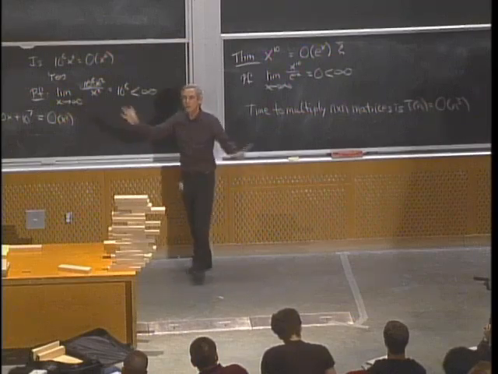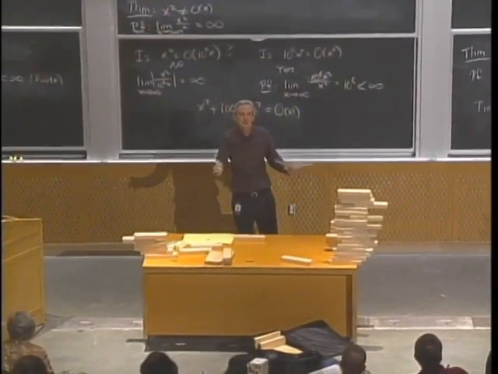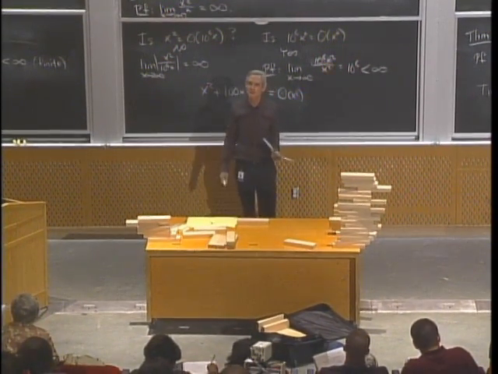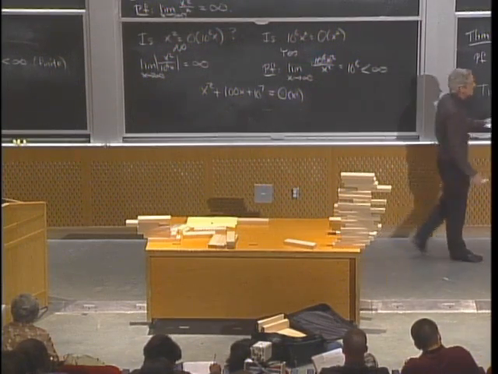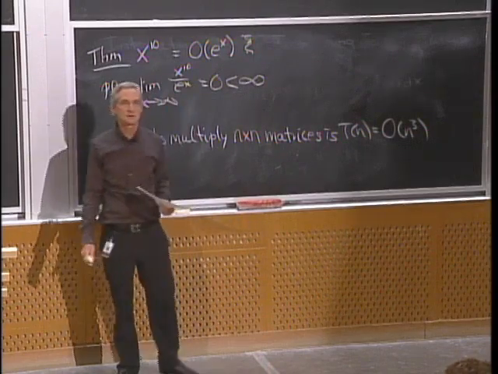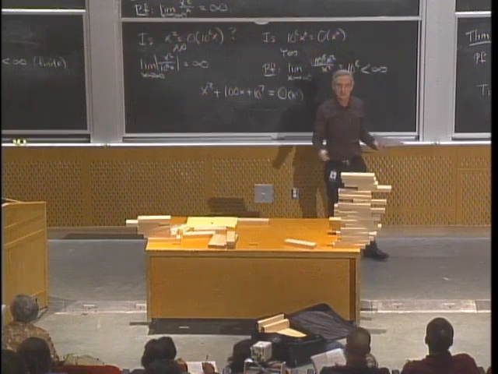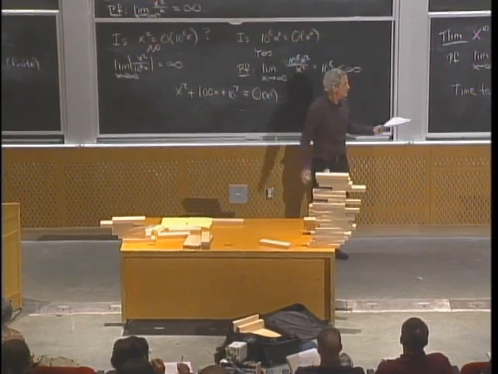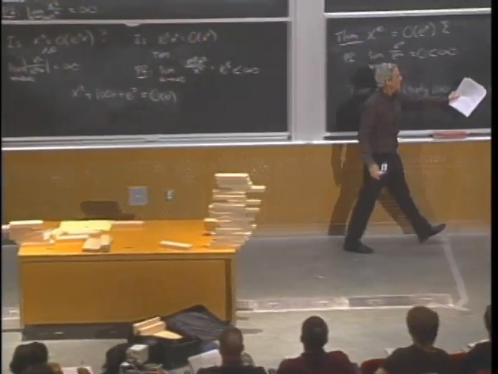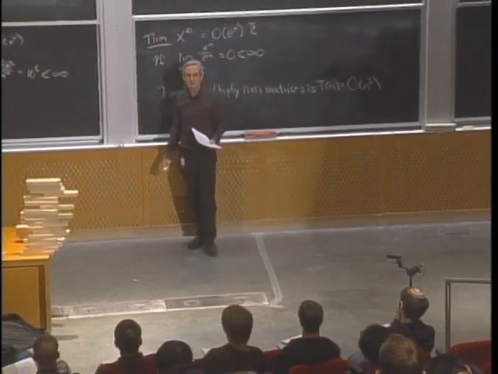And you don't have to worry about what computer it's running on, or exactly how you're counting the details of what a step is or what time is. The important thing is that it's growing at most as a cubic of the size of the matrices. And so in 6046 and in 6006, you will spend lots of time proving that the running time or the size is O of some function of the input size.